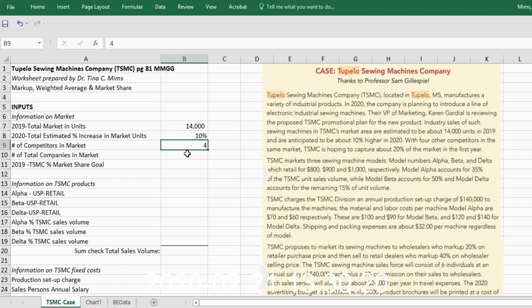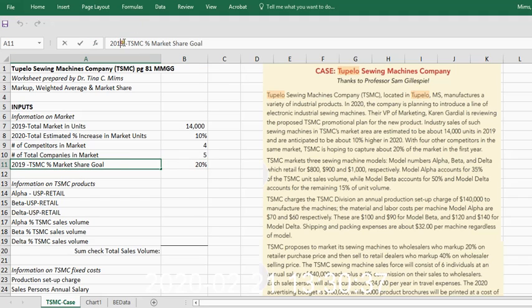So we have 4 for the other, which makes our total competitive market 5, just in case we need to know it. And Tupelo is hoping to capture 20% of the market share goal. Okay, so let's fix this. This should be 2020 market share goal.